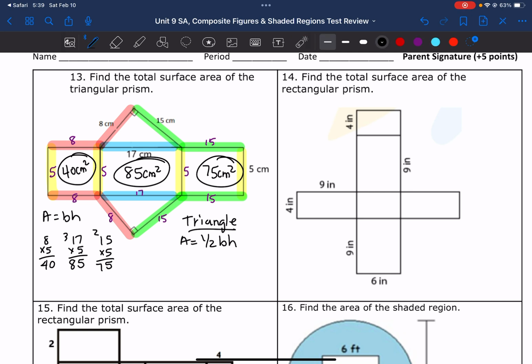So here, area is equal to 1/2 times 8 times 15. We don't need 17, okay? And the reason being is because here is your right angle, okay? And for the right triangle it's going to be base here, height here, okay? All right, so 15 times 8. 15 times 8 is 120.